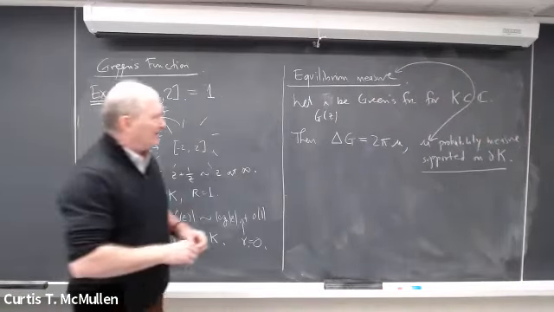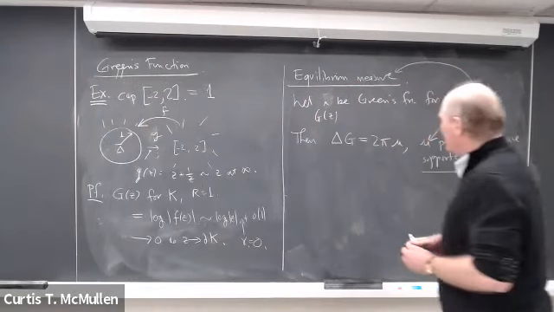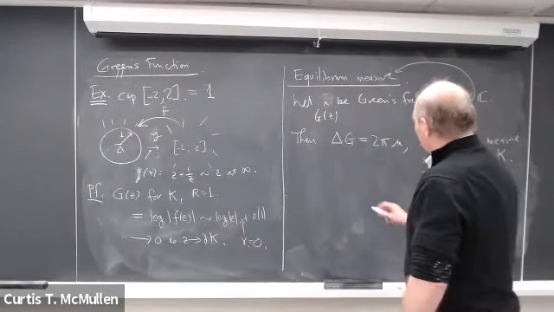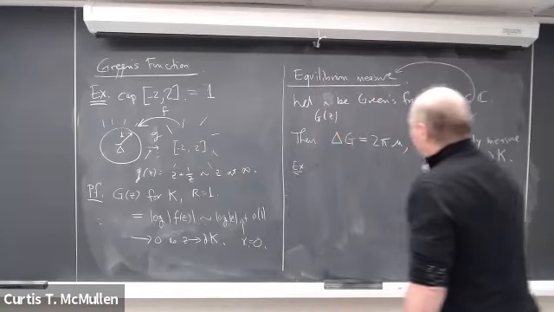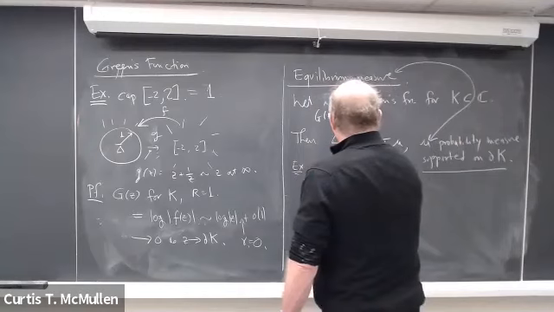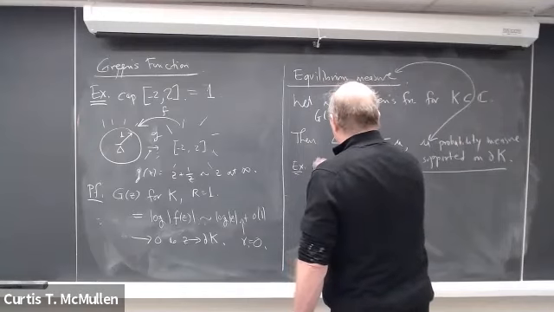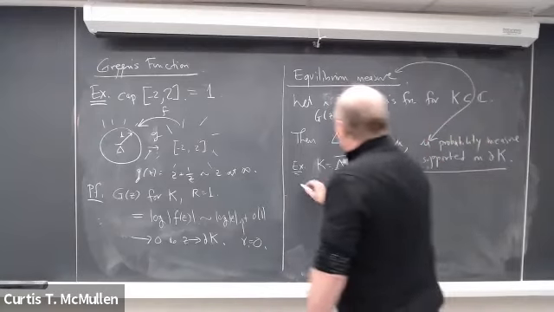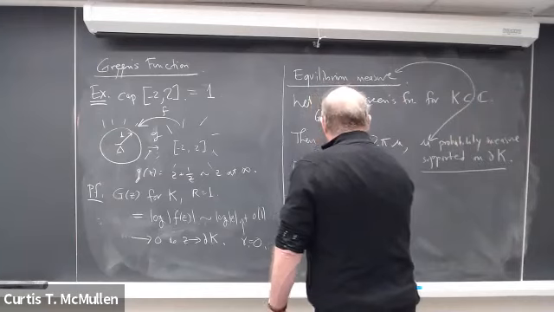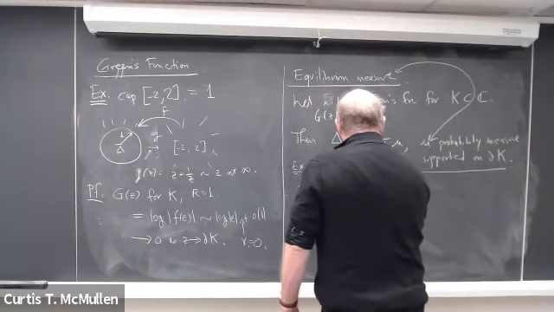Okay, so first let me explain intuitively what this measure means. Well, as an example, if we take the case of the unit disk, so K is the closed unit disk, then this equilibrium measure is just d theta over 2 pi.